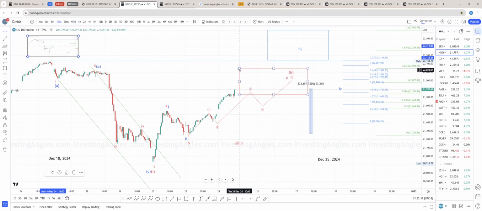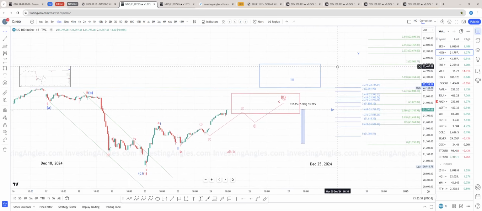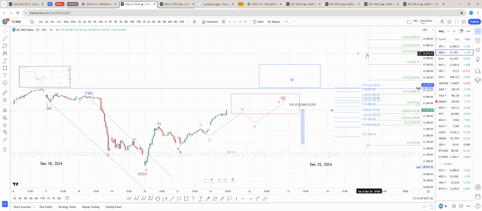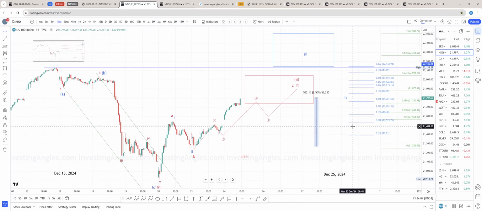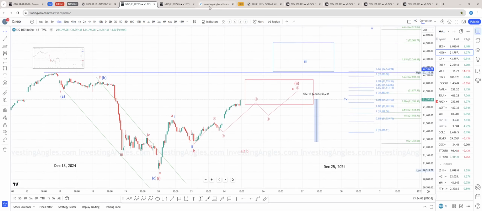So it is already in the target area, and the next couple of days will be critical for that. If it moves over and makes an all-time high, we would see a possibility for the index to extend even higher and end this wave somewhere in the 22.6, 22.7K area. So that's the possibility for now, and let's have a look at the candles.